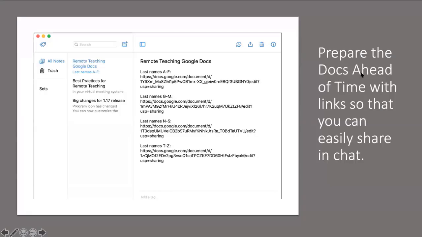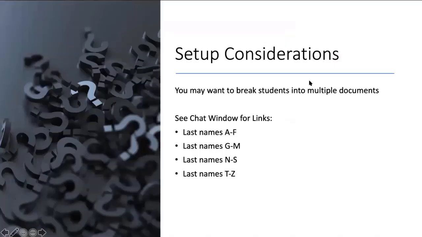Another thing is just to prepare all of those documents ahead of time with links so that you can easily share them. I keep all of my links in little sets of notes so I can easily copy and paste them into windows. And in particular, if there's lots of students in your class, you might need to make different documents for different groups. A nice way to do that is just by last names, where they just go to the document with the correct letters.